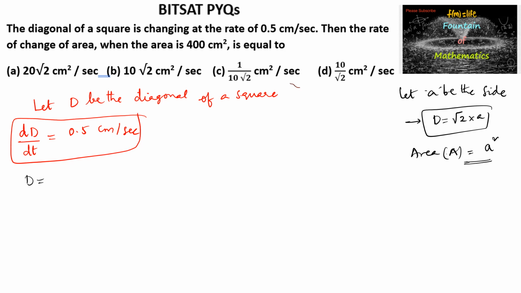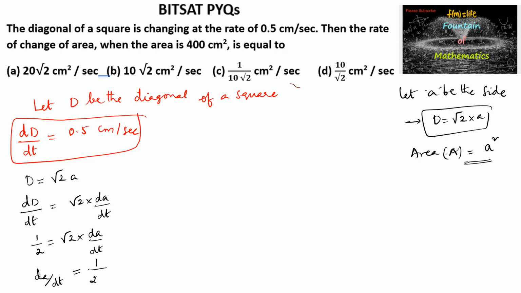Since D is equal to root 2 into a, dD by dt is equal to root 2 into da by dt. So it is given 0.5, that is 1 by 2, is equal to root 2 into da by dt. So from here da by dt is equal to 1 by 2 root 2.